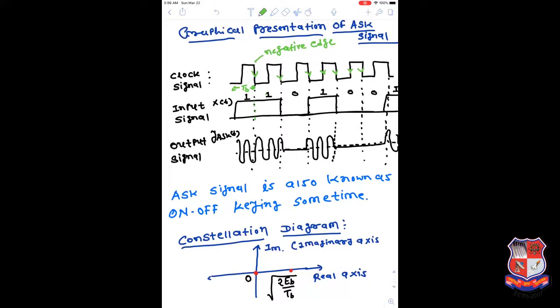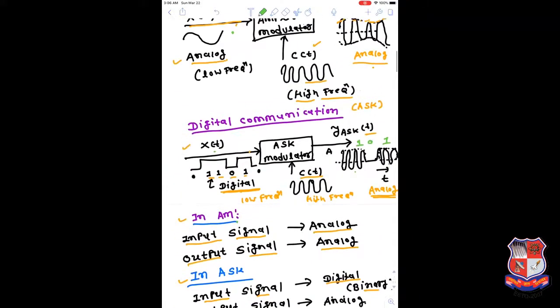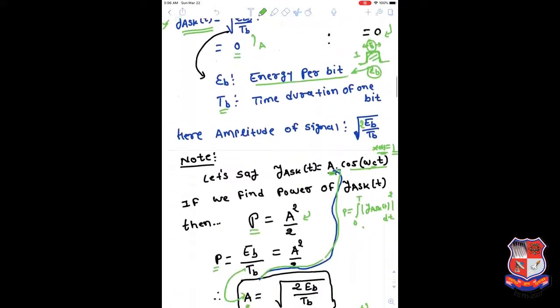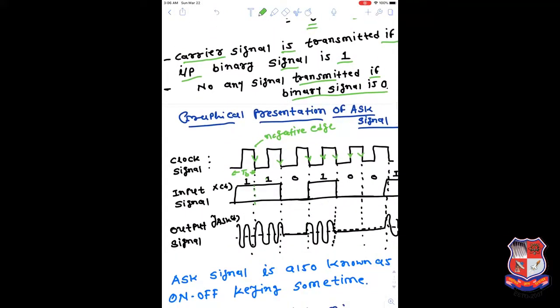Now assume your input signal x of t, which is applied here, is a binary sequence. One binary sequence has been considered here, that is 1 1 0 1 0 0 1. And assume a case of an on-off kind of signal, where input x of t is the on-off signal. So 1 can be represented by a positive pulse and 0 by no pulse.